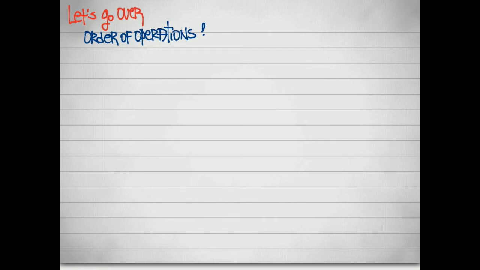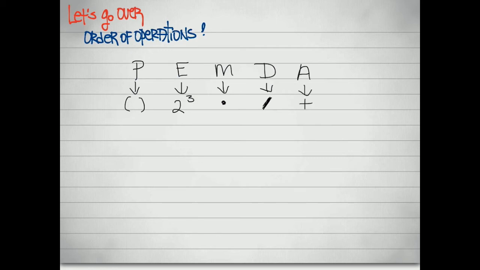As you might know, P stands for parentheses, E stands for exponents, M stands for multiplication, D stands for division, A stands for addition, and S stands for subtraction. One thing that you need to remember when applying order of operations is that you always do math from left to right. And again, this is where a lot of students make a mistake when they're applying this rule.